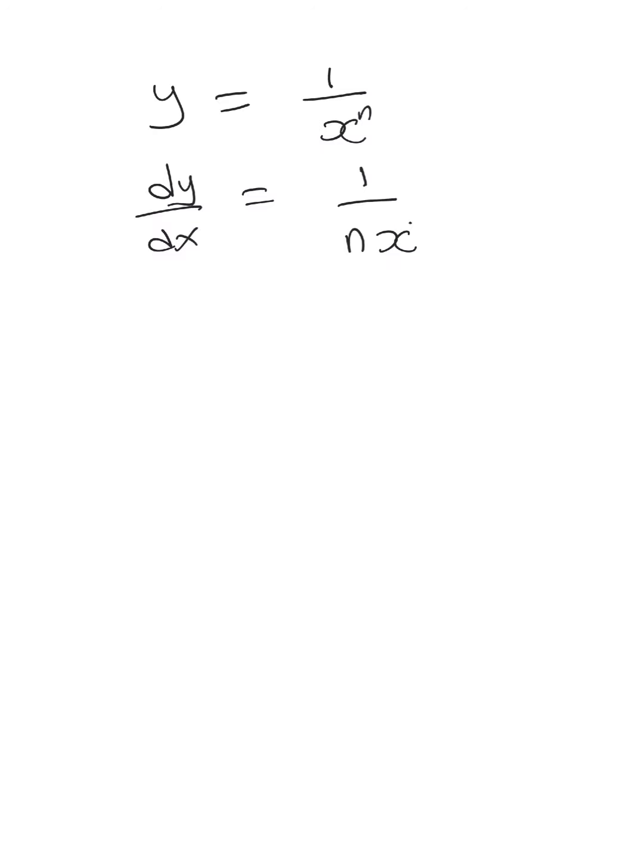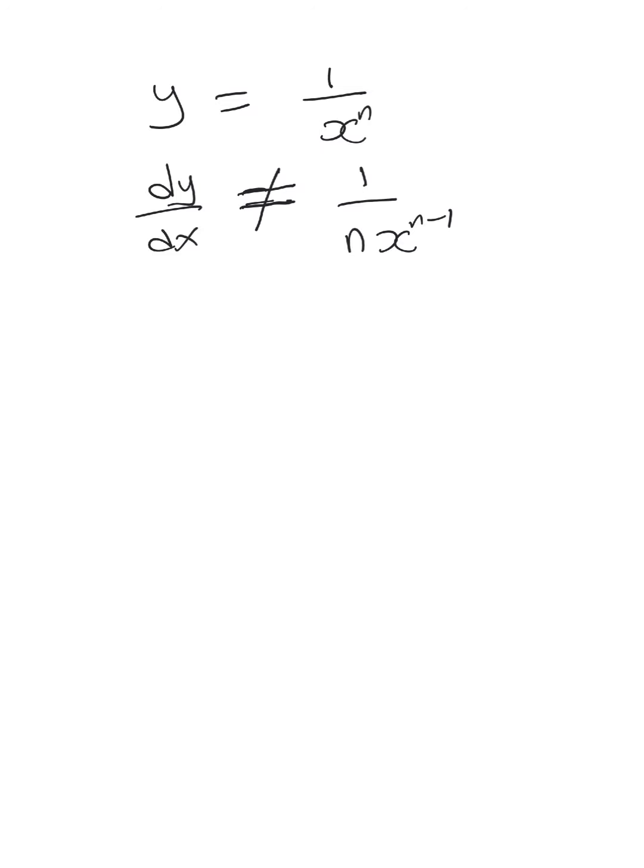I have seen this as a common mistake. If I have y is 1 out of x to the n, there are students who think that dy by dx is going to be 1 out of n x to the n minus 1. That's a common mistake. Do not do that.